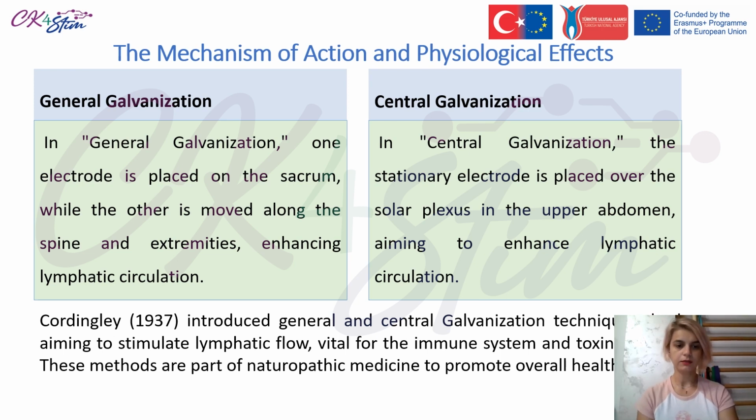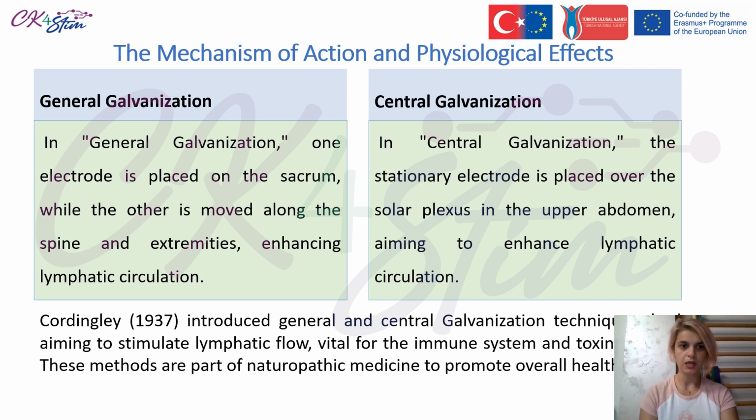This technique was meant to enhance the lymphatic circulation through the body. Central galvanization follows a similar approach, but the stationary electrode is placed over the solar plexus, a complex network of nerves located in the upper abdomen. The purpose of central galvanization was also to enhance lymphatic circulation.